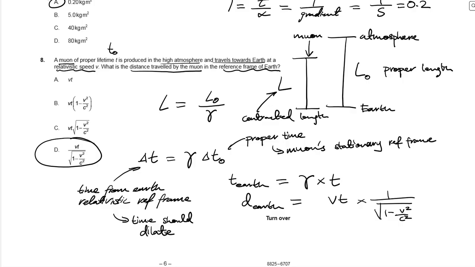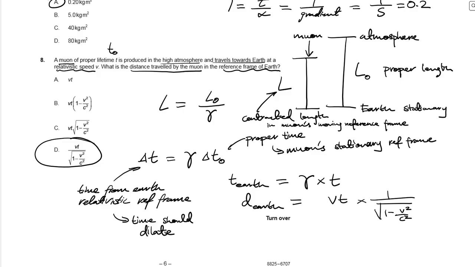So the distance is getting shorter in the muon's reference frame. In the muon's moving reference frame, right? The Earth is stationary, and so proper length is the distance from Earth to the atmosphere.